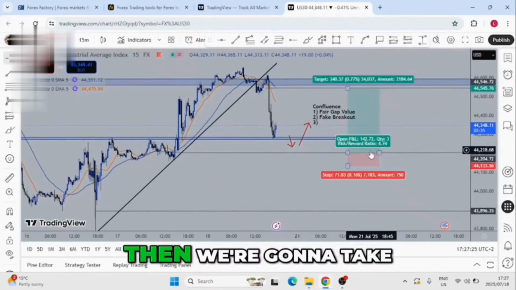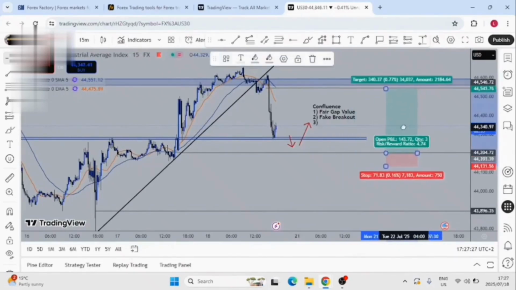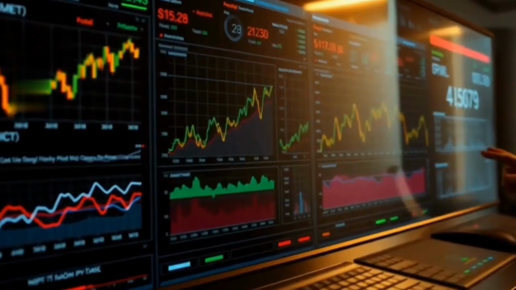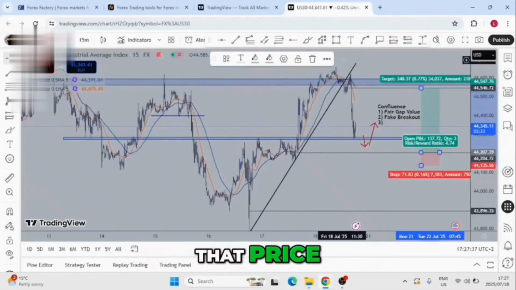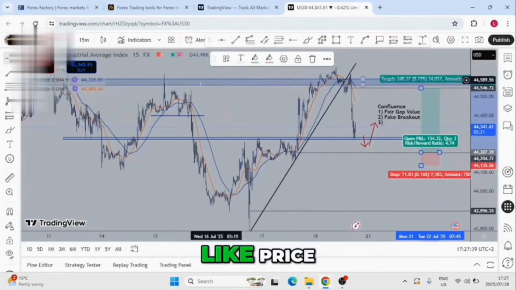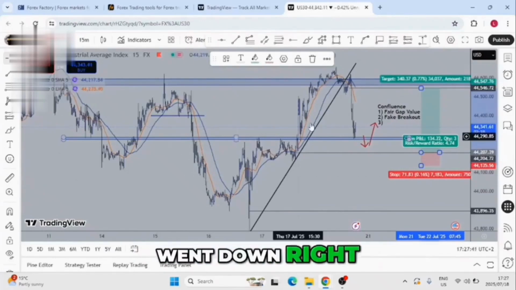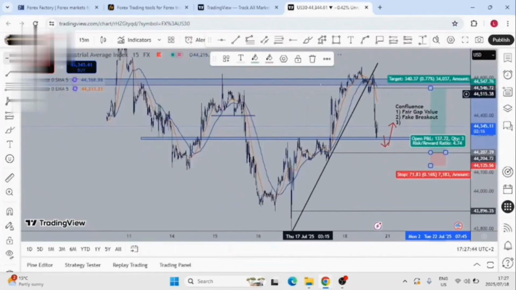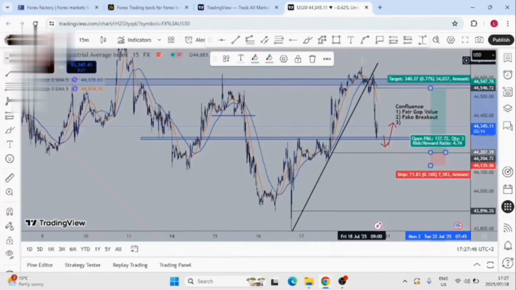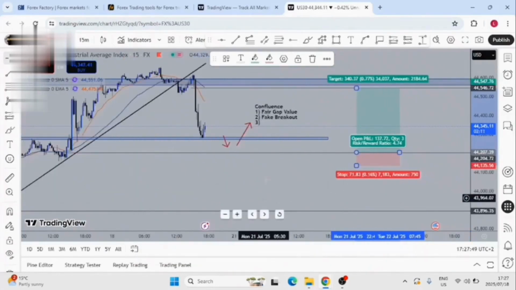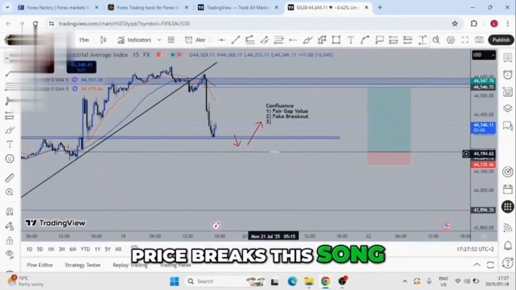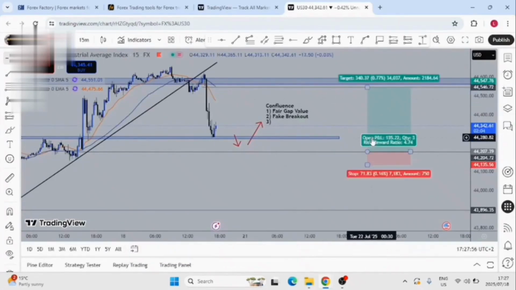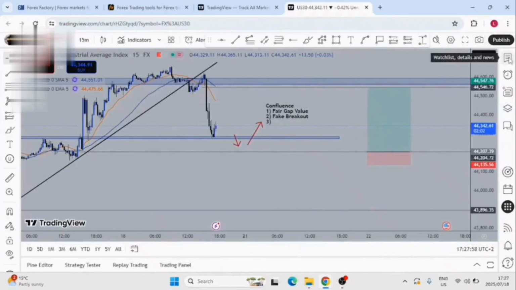And if price gets there, then we're gonna take a long position. These are the confluences because we can see that price broke market structure. You see, price went down, right? Okay, I don't know what's going on, but what I do know is that if price breaks this zone, then we enter, right? Now let's go look at the G.